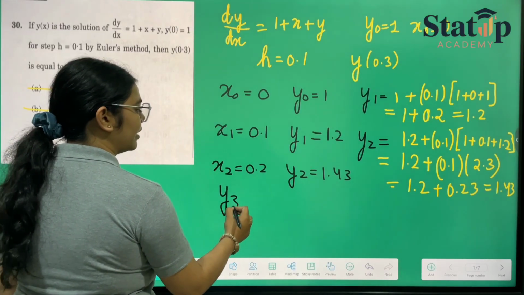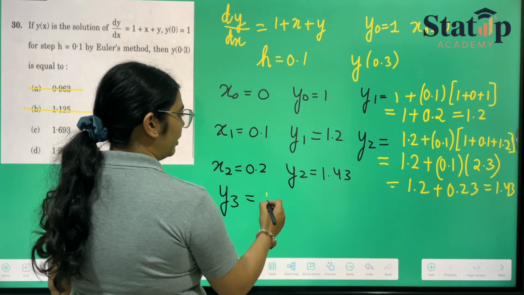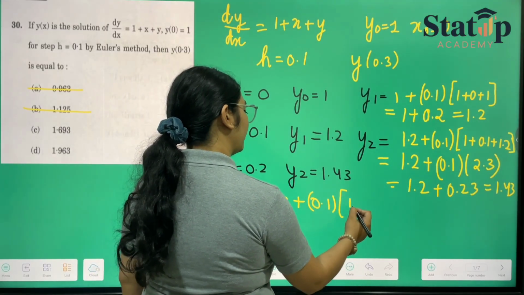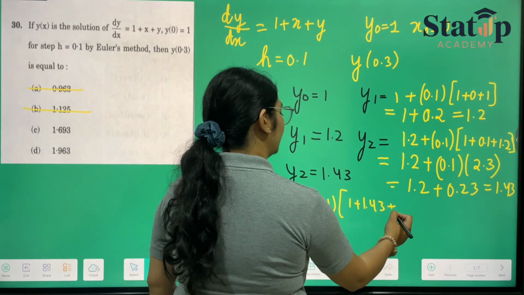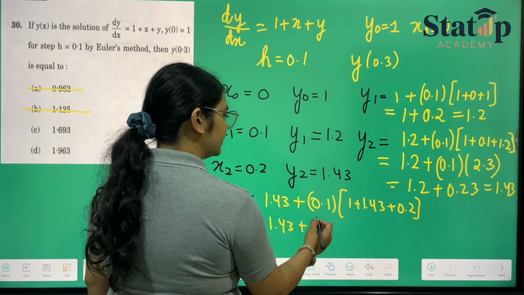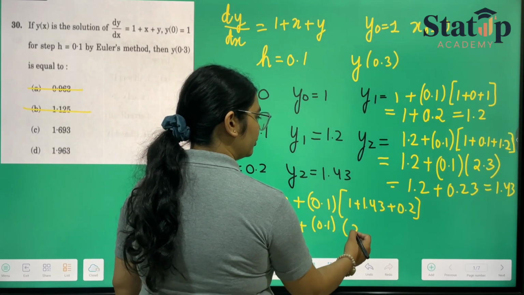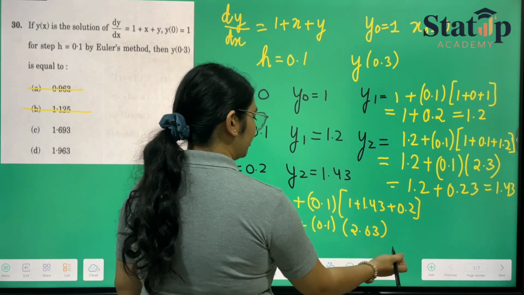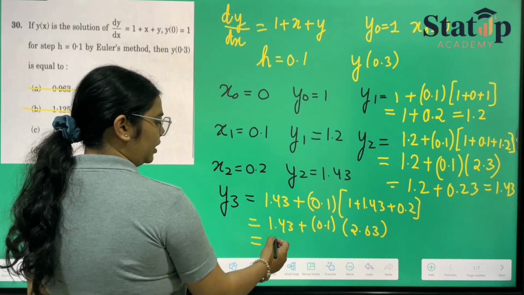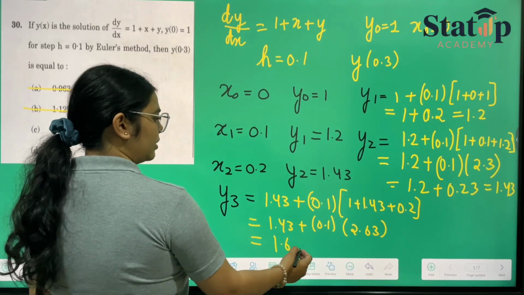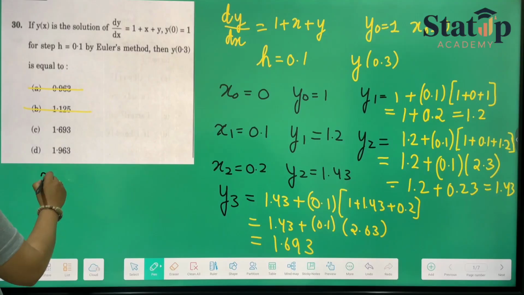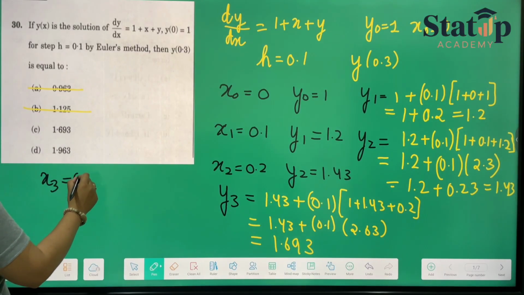Then y3 has the value 1.43 plus 0.1 into 1 plus 1.43 plus 0.2, which will be 1.43 plus 0.1 into 2.63. 2.63 into 0.1 will be 0.263, and that will be 1.693.